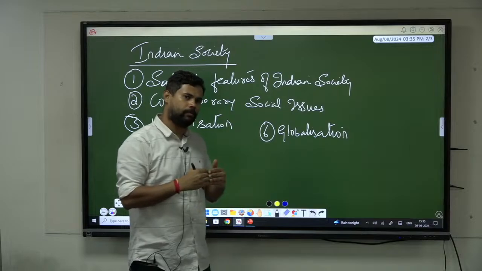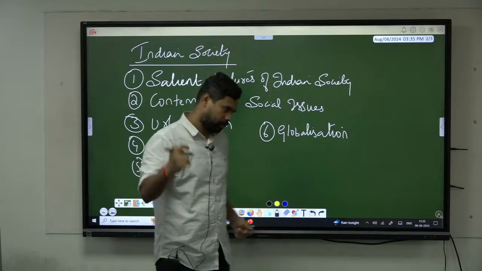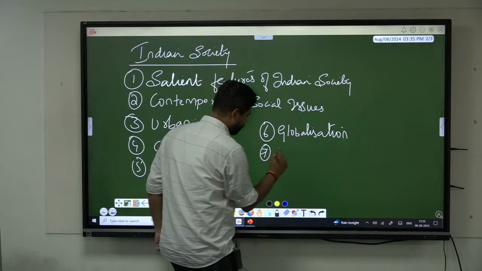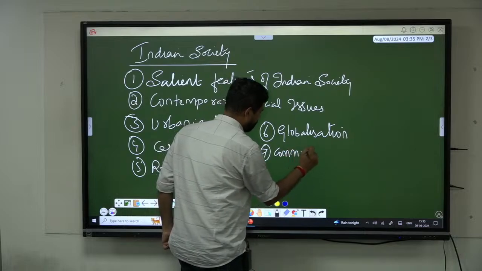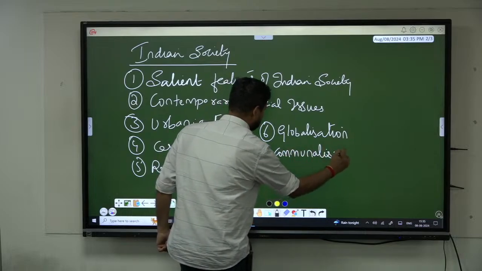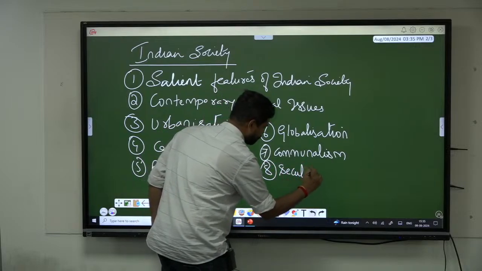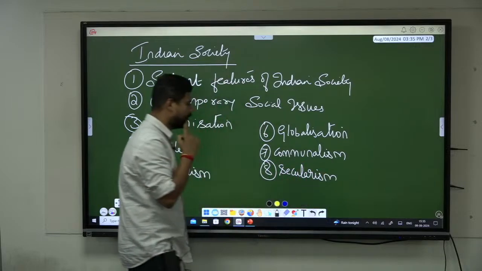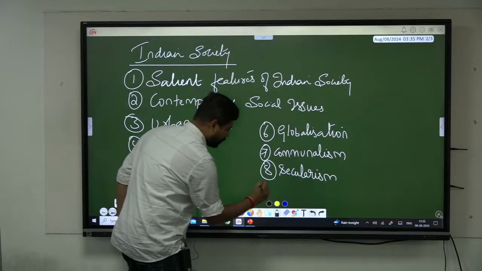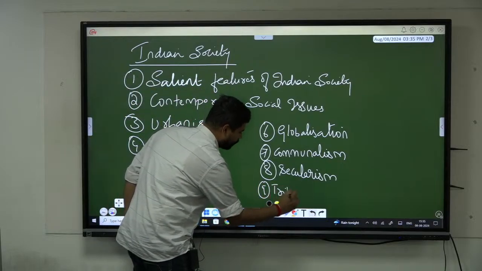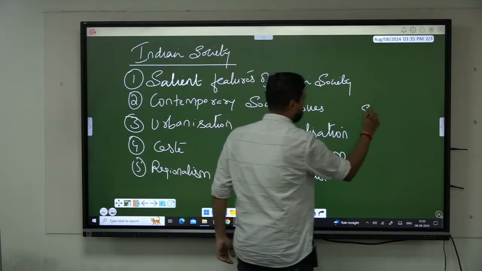If you go from 2020 backwards also, communalism will also repeat. Okay, there is communalism that will also repeat. Yes, secularism is important. Very good. What is this? Tribes, yes. Women, if you want, you can definitely write a dimension on that. Women.